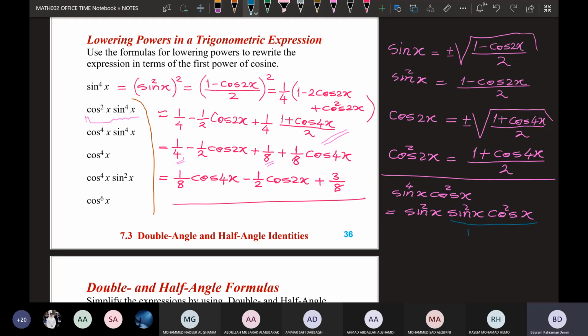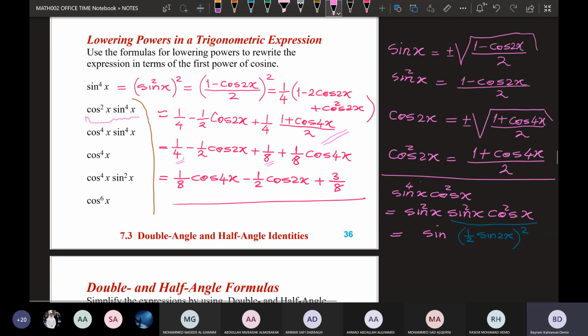So it is half times sine of 2x, squared. You understand? Because sine x times cosine x is half times sine 2x. So you need to take the square, and let's continue with sine square x.